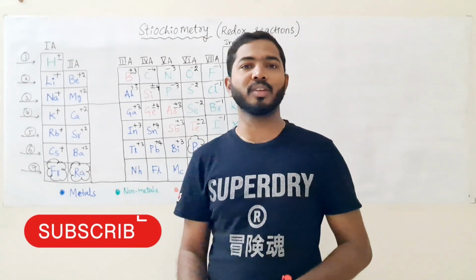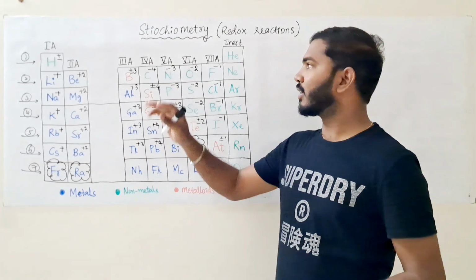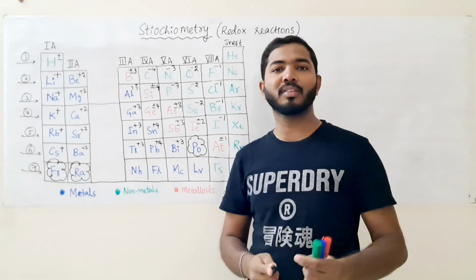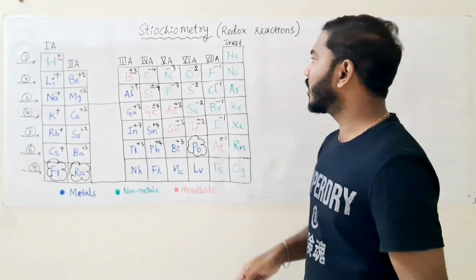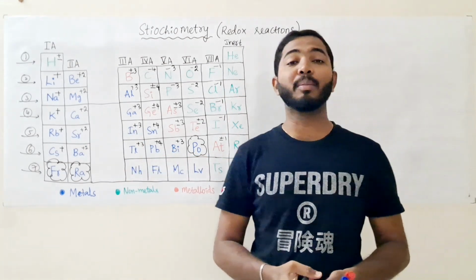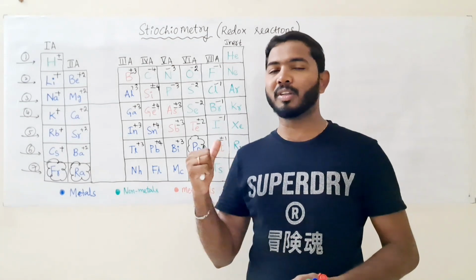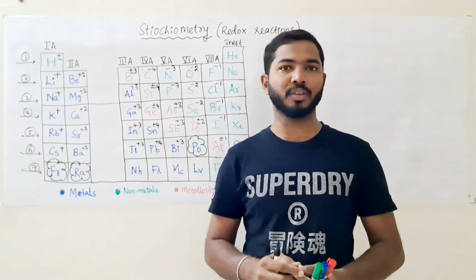So let's continue the stoichiometry, the concept of oxidation numbers. As I have discussed in the previous lecture, you can see the charges on all these elements, they are considered as stable charges. Okay, so later I termed those stable charges as oxidation numbers.